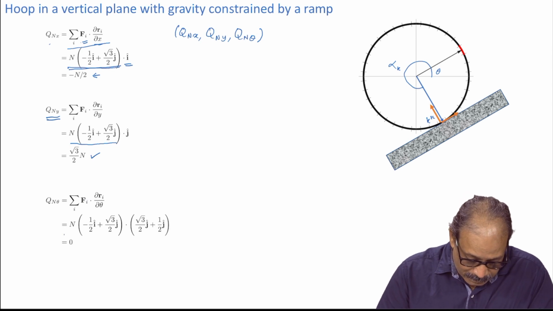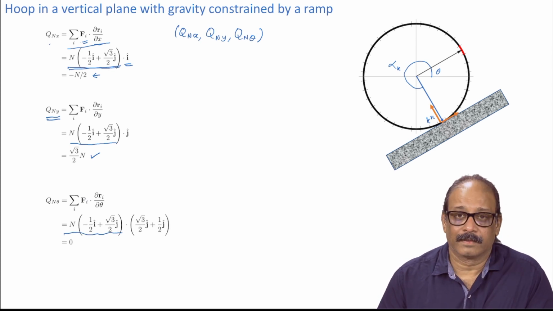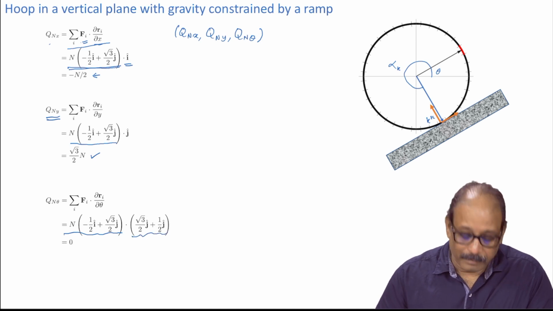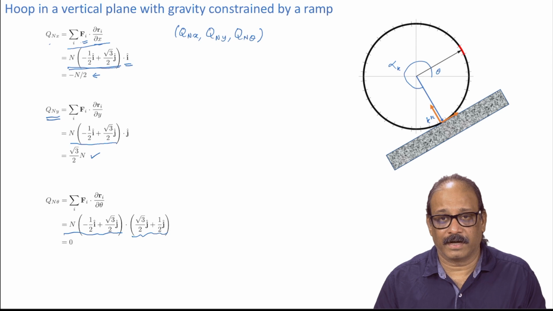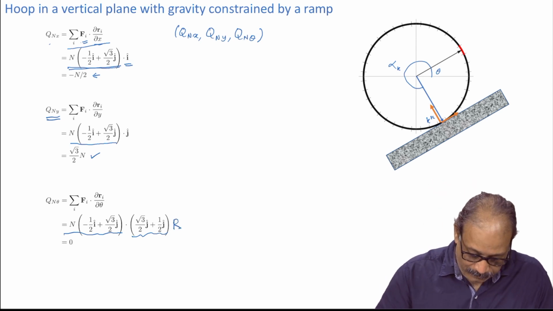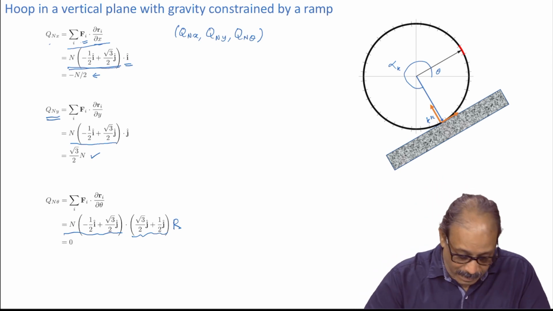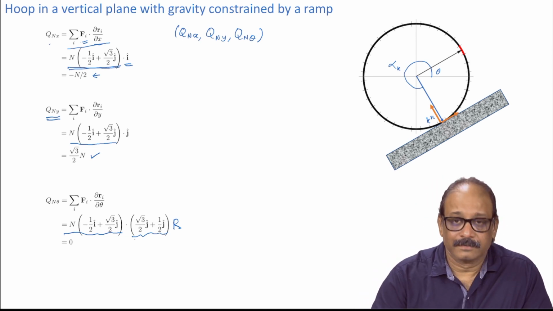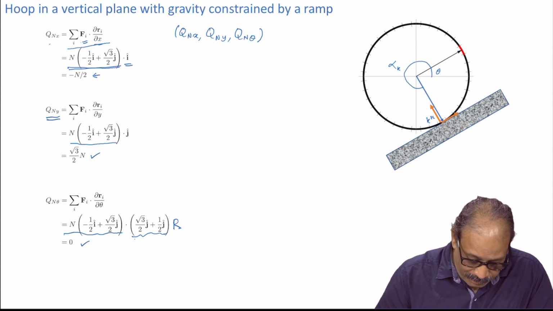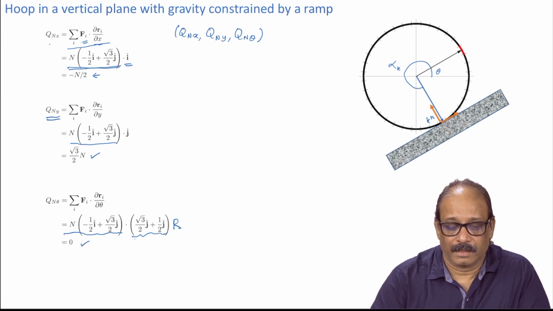So, this is your F_i, and this we have calculated as the partial of r_k with respect to theta. I forgot to write r there, but these two vectors are perpendicular to each other. So, Q_theta becomes 0.